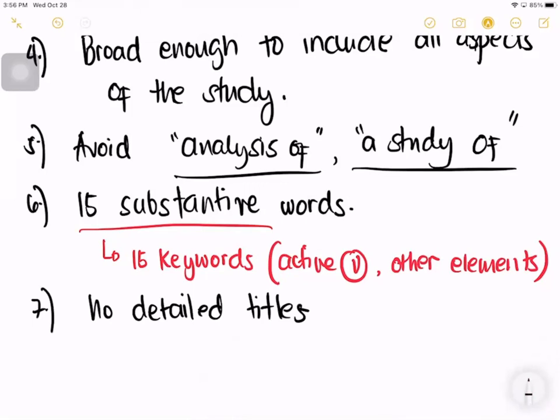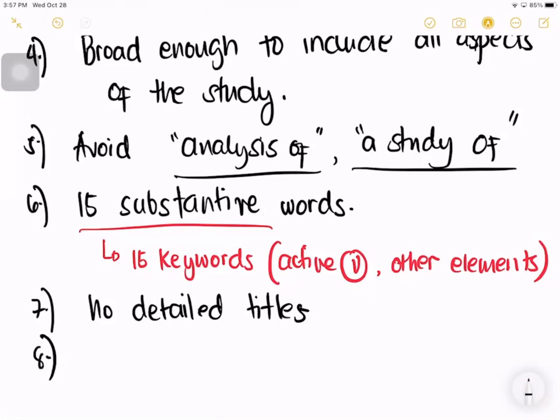Remember, the title is like a teaser, or it somehow gives us a feeling of excitement or mystery. So it hypes up the interest of your reader so that he or she will read further on what the study is all about. So there should be a cliffhanger factor, in some way or another.